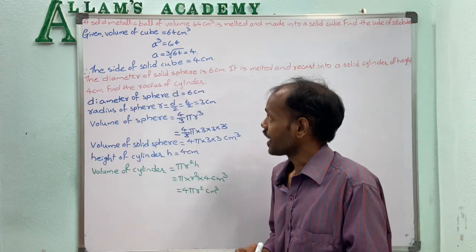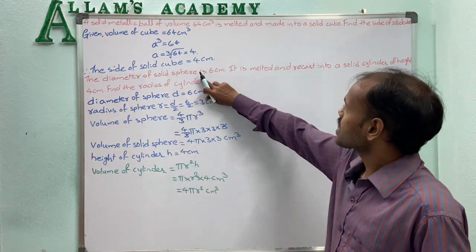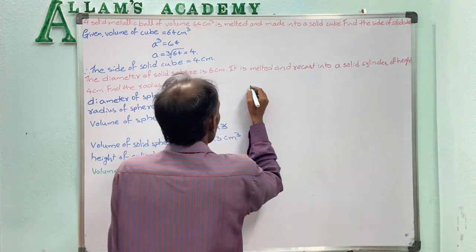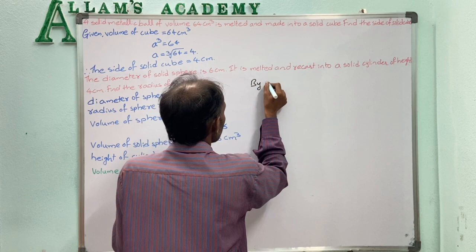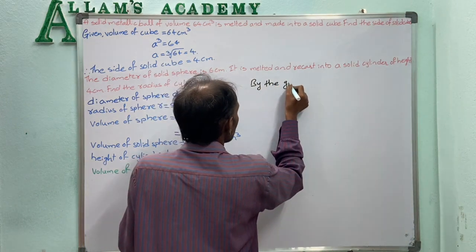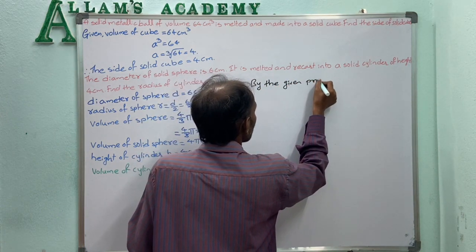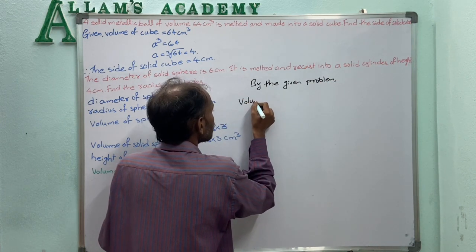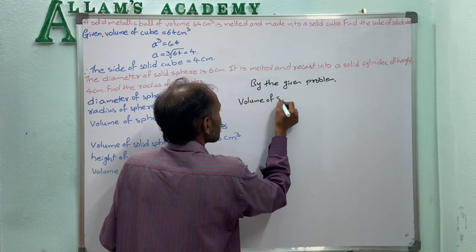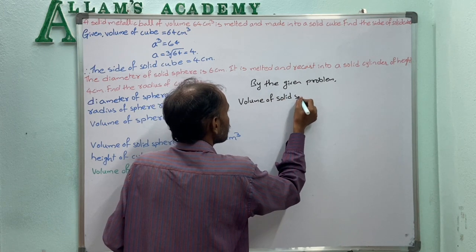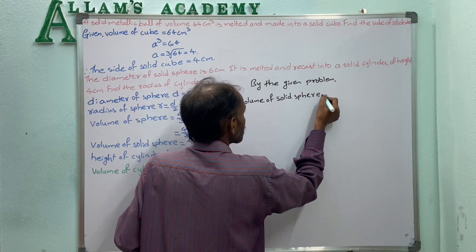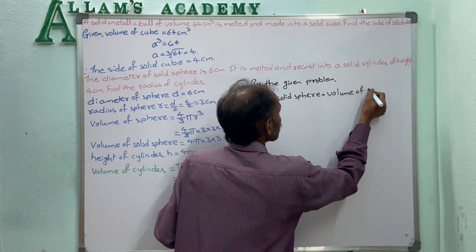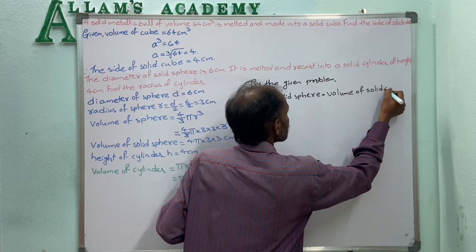Next, here given that a solid sphere is melted and recast into a solid cylinder. So by the given problem, volume of solid sphere is equal to volume of solid cylinder.